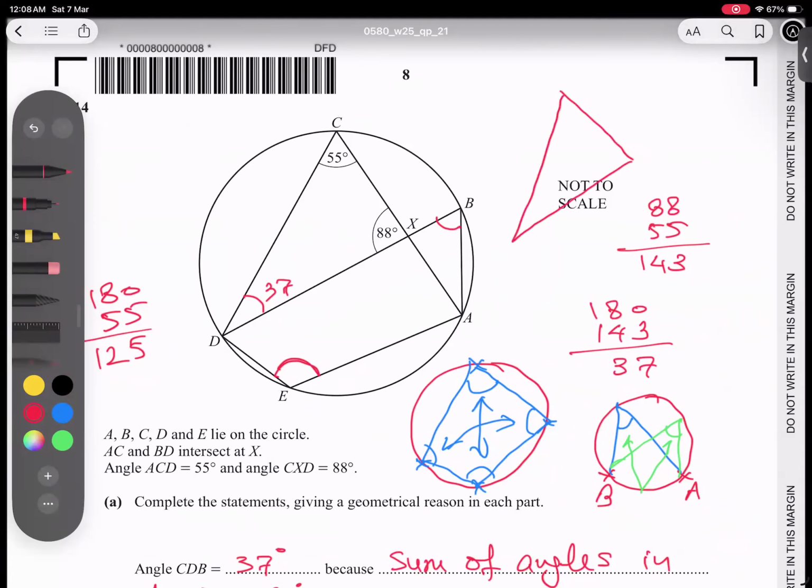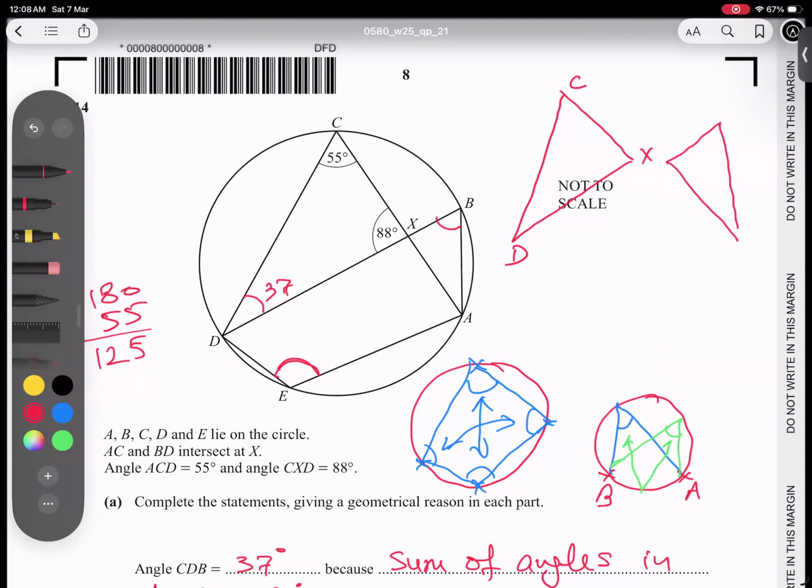So this is XCD. Let me erase this too. And the other one I'm drawing here: letters B, X and A. For your understanding, can you see, students, these two angles are vertical angles. They are equal to each other, so I put a single cut here and a single cut here.